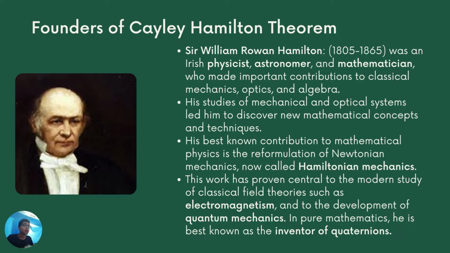His best known contribution to mathematical physics is the reformulation of Newtonian mechanics, now called Hamiltonian mechanics. This work has proved central to the modern study of classical field theories such as electromagnetism, and to the development of quantum mechanics in pure mathematics.